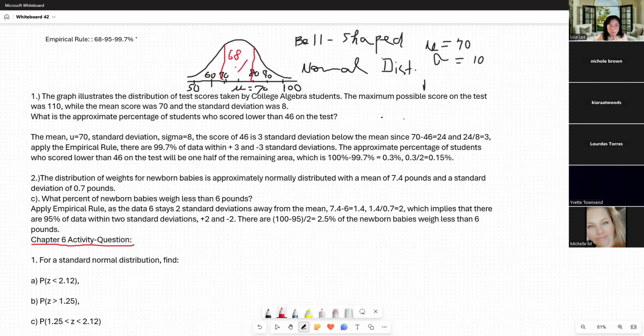That means 68% of the students should get a score within 1 standard deviation plus or minus from the mean.